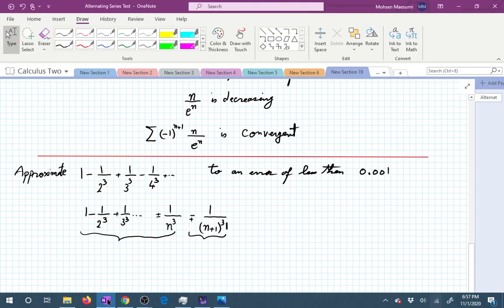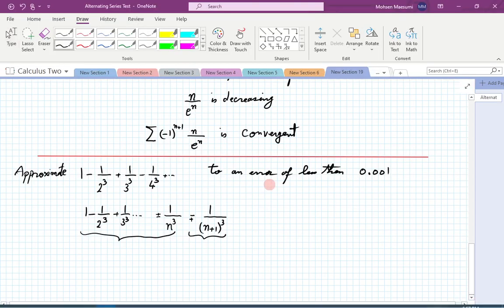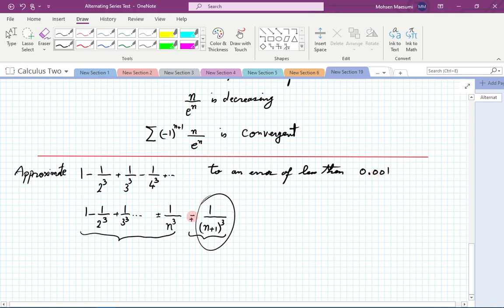So what we say here is that if you want to find out how many terms to add so that your error to the final destination is less than a certain number, all you need to do is to pick the next term and make that to be less than this quantity, and then that's going to tell you what n is, and that is going to tell you when to stop.